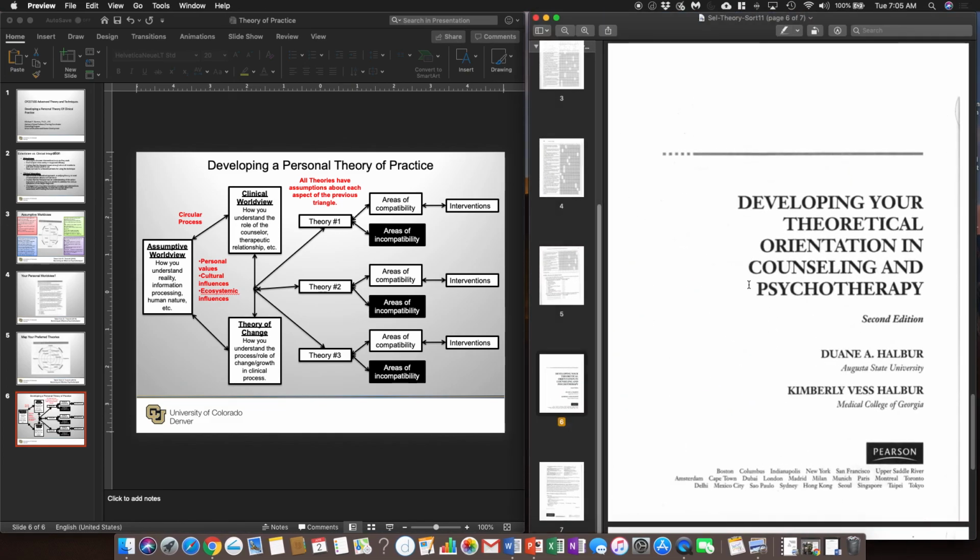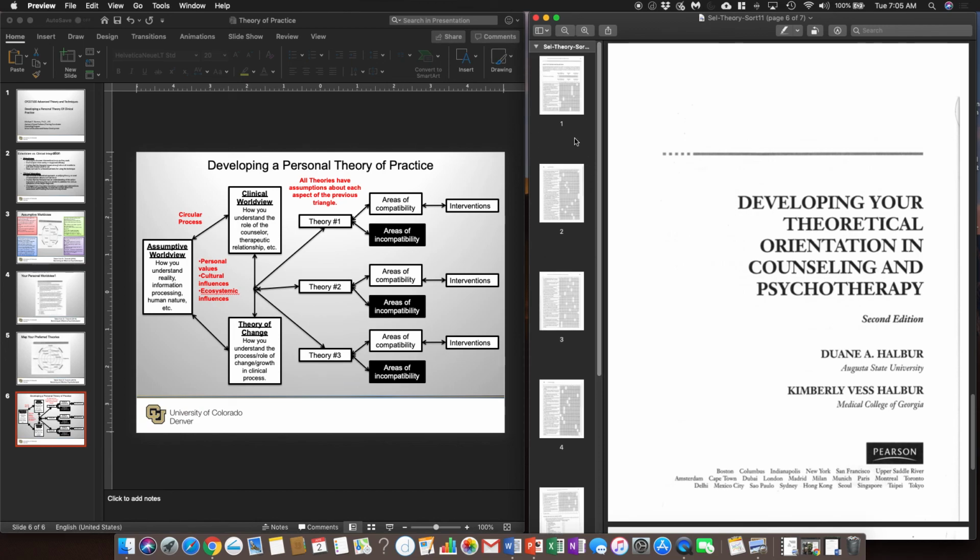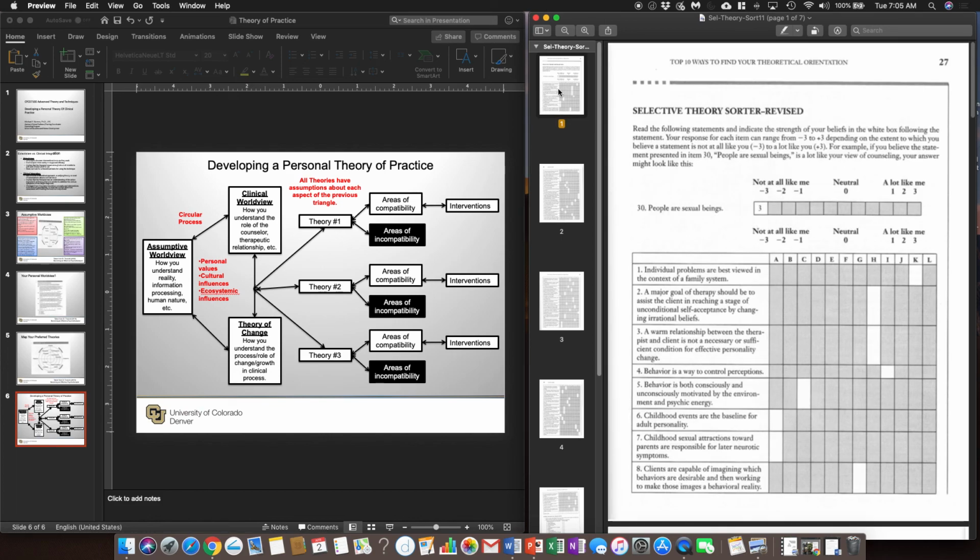It's out of a book called Developing Your Theoretical Orientation in Counseling and Psychotherapy, and it's by Hauber and Hauber. And when I was teaching, it was the second edition. I don't know how many editions they have written or edited up to this point. But they had developed a kind of a questionnaire or a self-assessment that they called the Selective Theory Sorter.